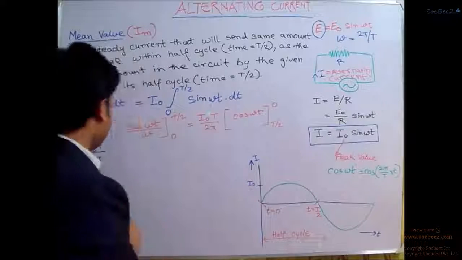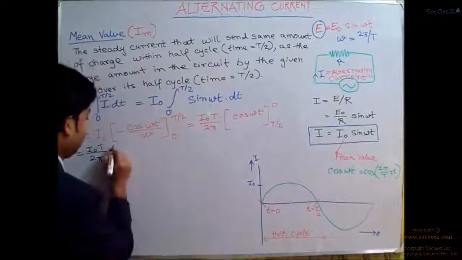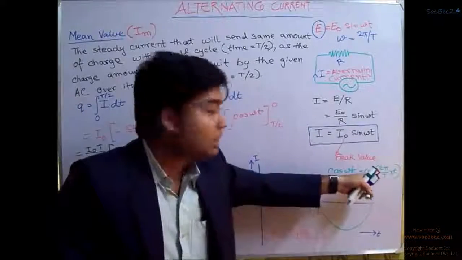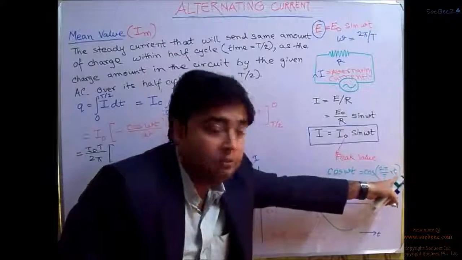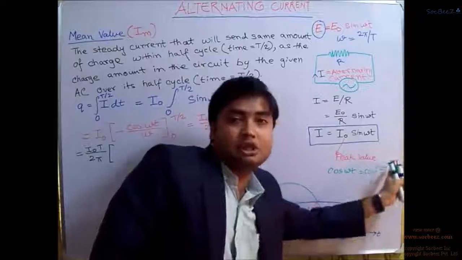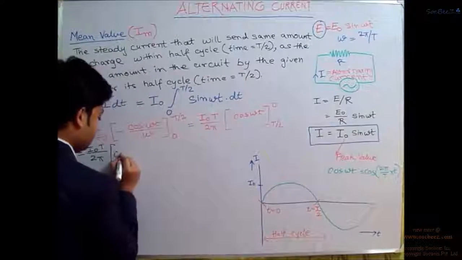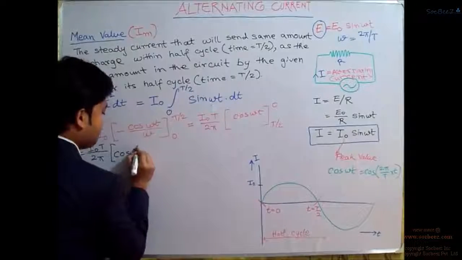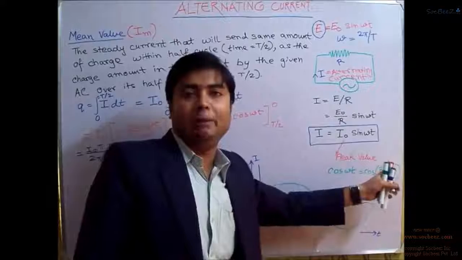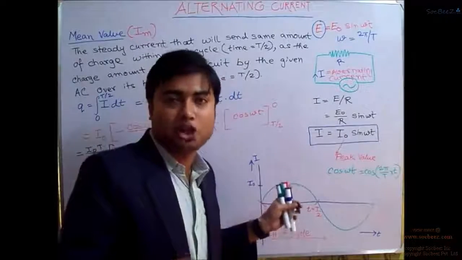So first of all, where the first t is replaced by 0, the entire term becomes 0, cos 0. Minus. Now this small t will be replaced by t equals capital T by 2, right?